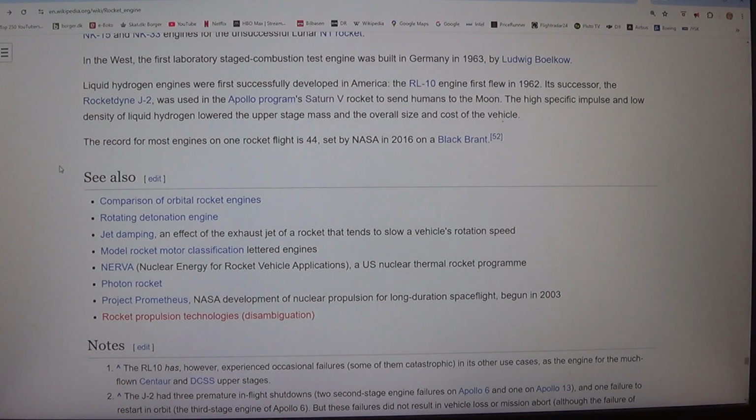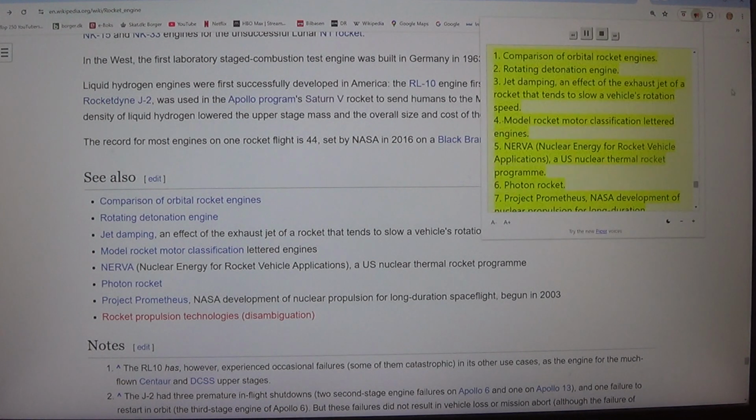See also. 1. Comparison of orbital rocket engines. 2. Rotating detonation engine. 3. Jet damping, an effect of the exhaust jet of a rocket that tends to slow a vehicle's rotation speed. 4. Model rocket motor classification, lettered engines. 5.